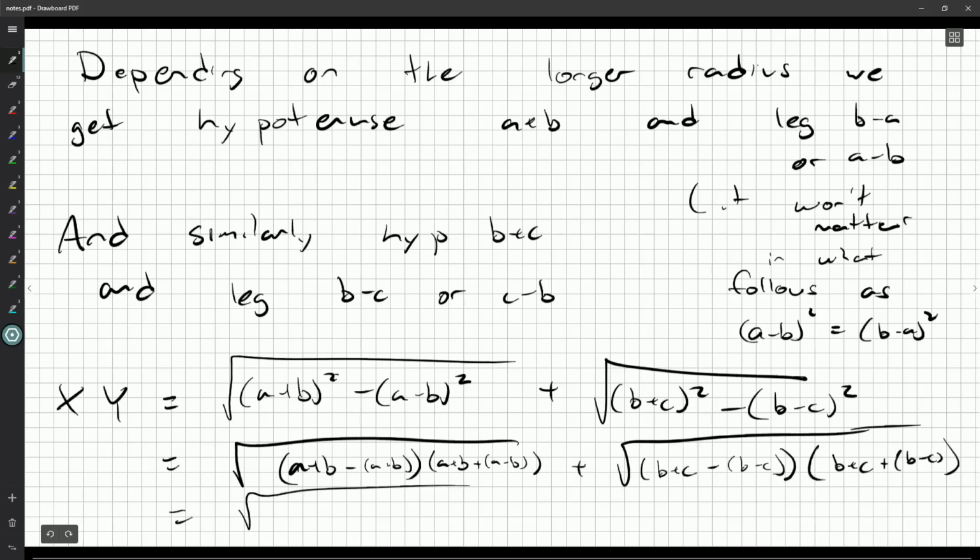And so we'll get the square root of the B. The A's will cancel out here, so we'll get 2B times 2A, plus the square root of 2B times 2C. Now we can pull out the 4 there, I guess.